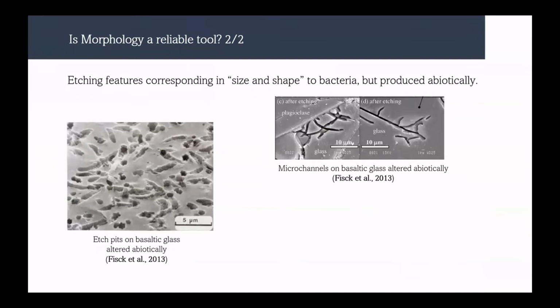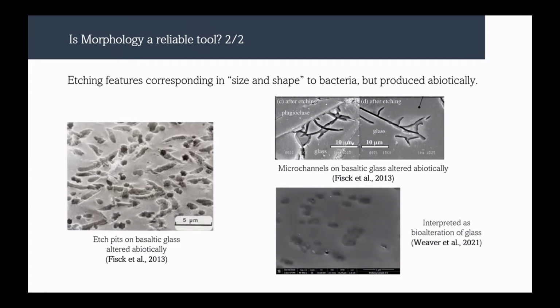So to give you some more examples more related to weathering, here we have some examples of surface features that resemble in size and shape the size and shape of bacteria, but these are produced through abiotic processes. But on the other hand, here we also have some surface features that have been interpreted with other techniques as resulting from the action of living organisms.